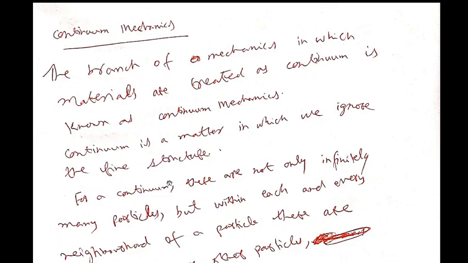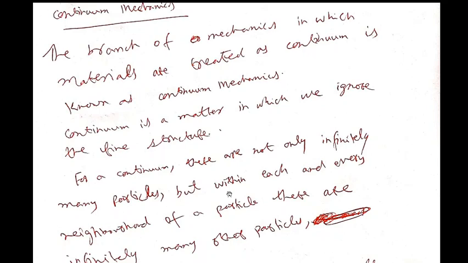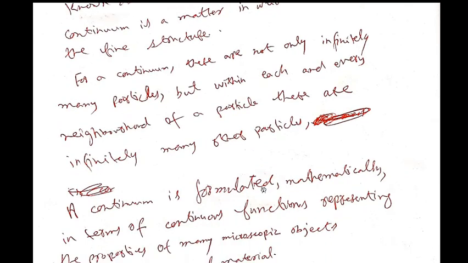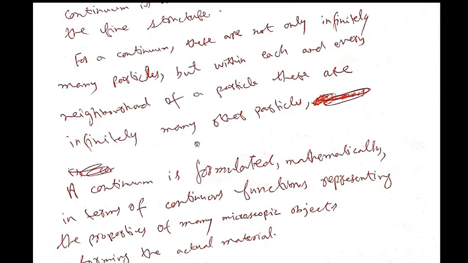It is also worth noting that for a continuum, there are not only infinitely many particles, but within each and every neighborhood of a particle there are infinitely many other particles. This is what I was saying, that there is no gap among the particles. So mass will be continuously distributed throughout the whole volume.